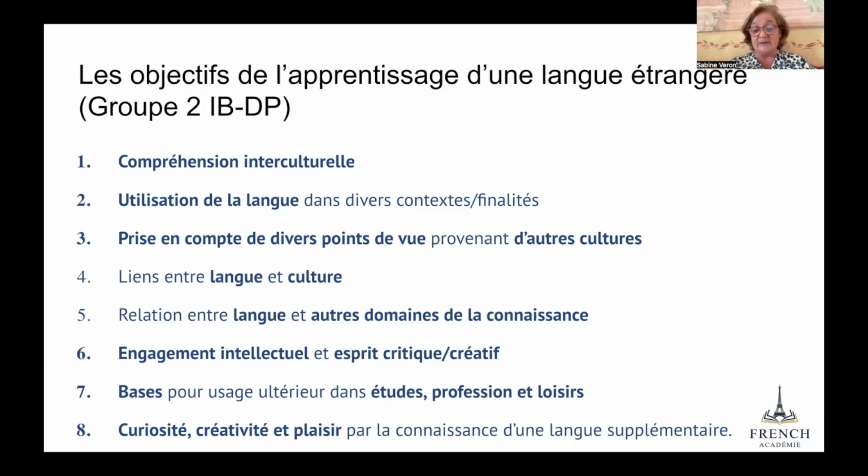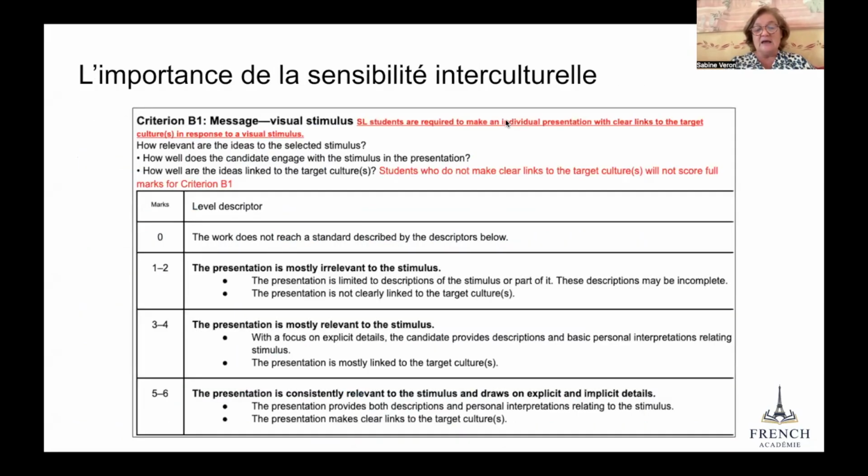Curiosité, créativité et plaisir par la connaissance d'une langue supplémentaire. So you have access to, as I just said, so many things when you know a foreign language. I just come back to the intercultural aspect of it. As you might know, there are 4 criteria for the speaking assessment, the speaking exam.